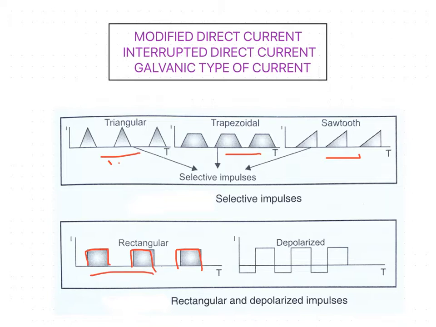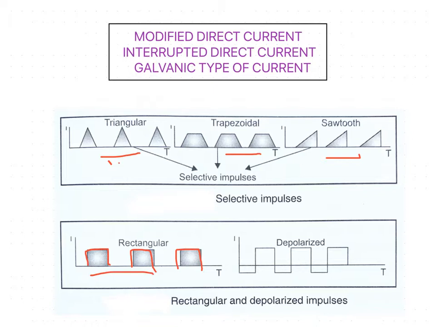So this is the type of current which has the intensity for producing a contraction of denervated muscle but is insufficient to stimulate the motor nerves, because accommodation occurs.